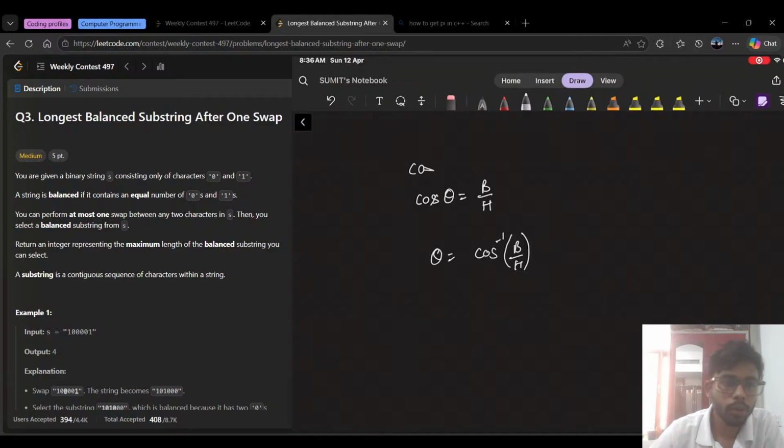Okay, so let's move to the third question, that is longest balanced substring after one swap. You are given a binary string S consisting only of characters 0 and 1.